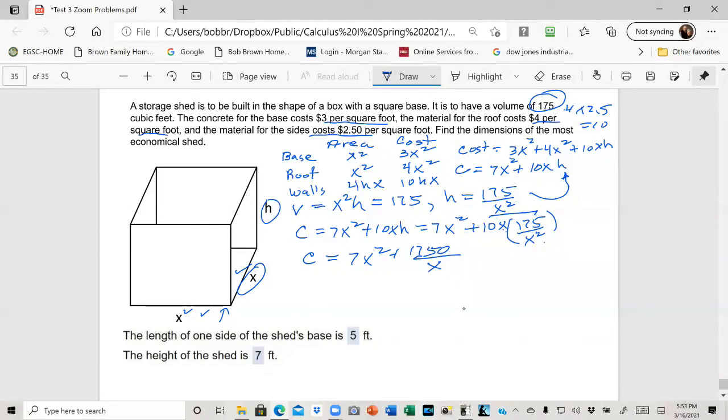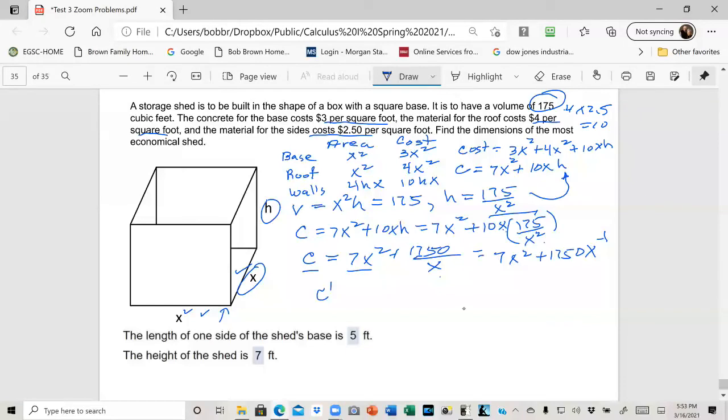So we have the cost is 7x squared plus 1750 divided by x, equals 7x squared plus 1750x to the minus 1.